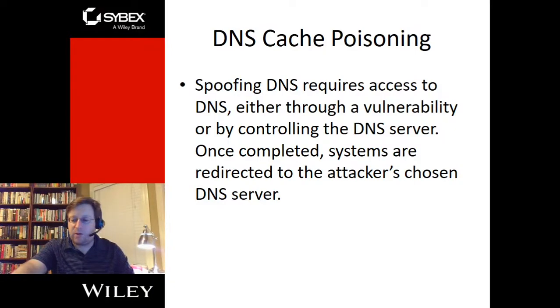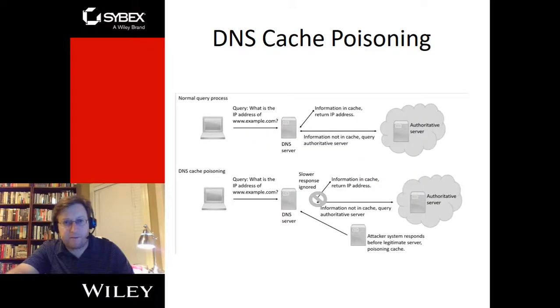The book, on page 229, has an illustration of how this works. The general idea is that if you are able to get somebody's DNS server to give them incorrect information, you can probably redirect network traffic to some server that you control. Imagine that you get into somebody's DNS server and tell it that the IP address for something like Facebook is a server that you control.